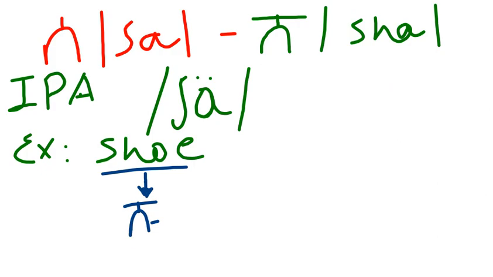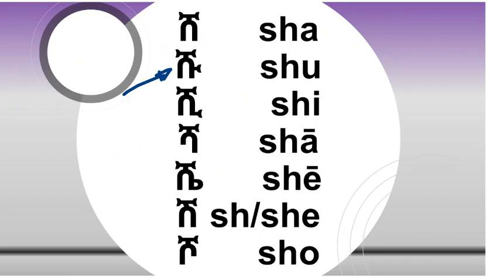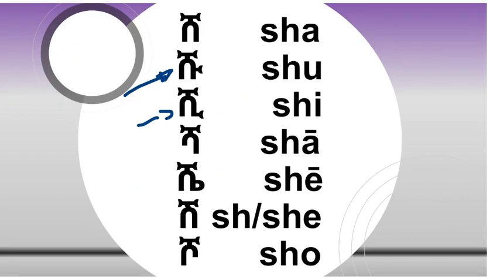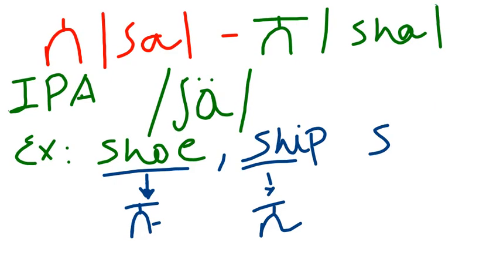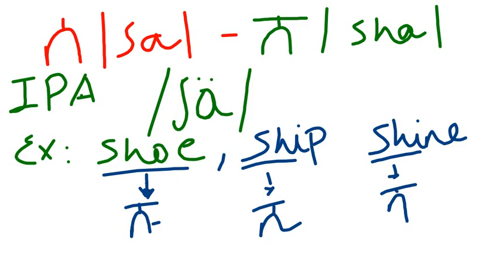Also, we have a sheep, She. Now, the third variant of the Sha family. Shine, Sha. This is the fourth variant of the Sha family. Shame, and so on.